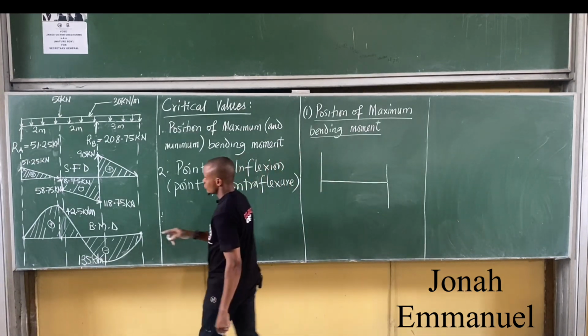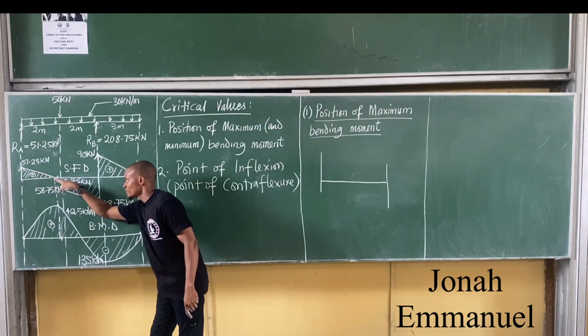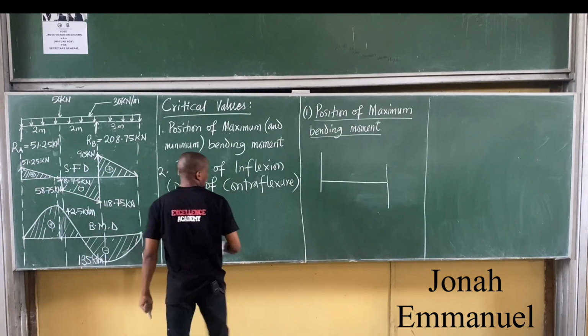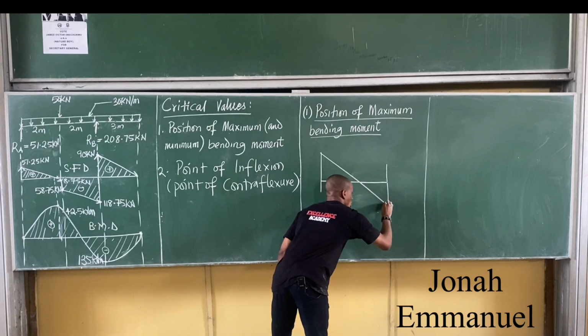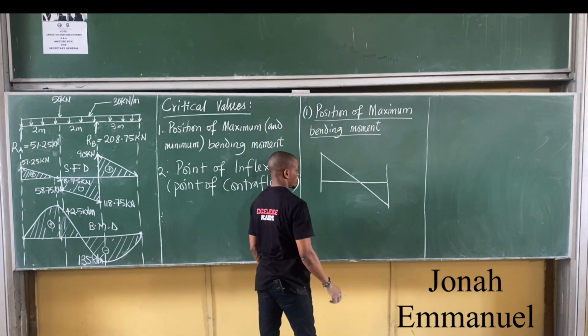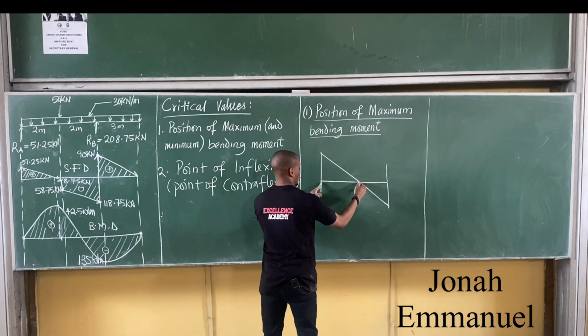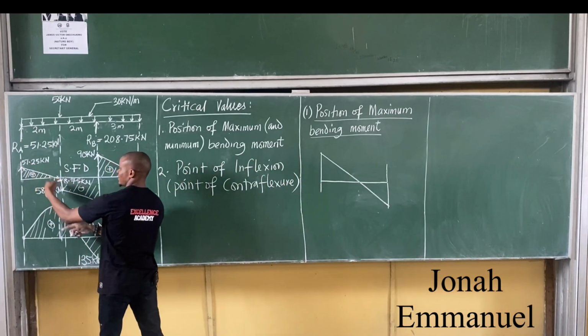Then you can see this one slanting from this point up to this point. You can see a small triangle here and a big triangle. In your work, make it big so it's visible. This is the point I'm talking about. Here is positive, here is negative.